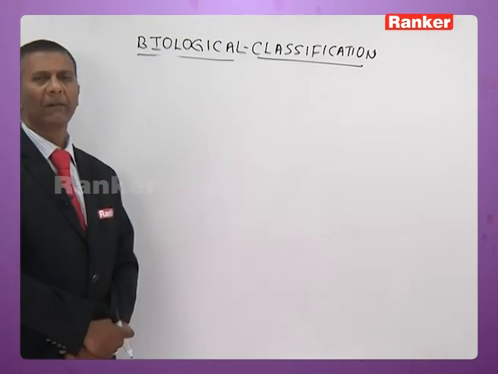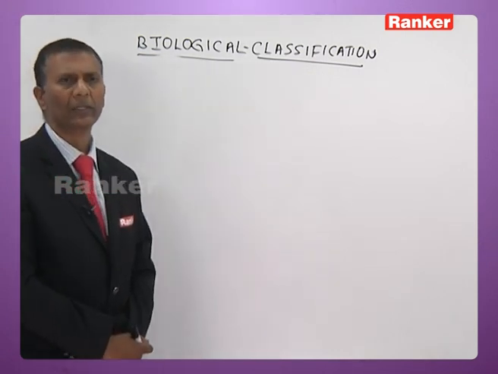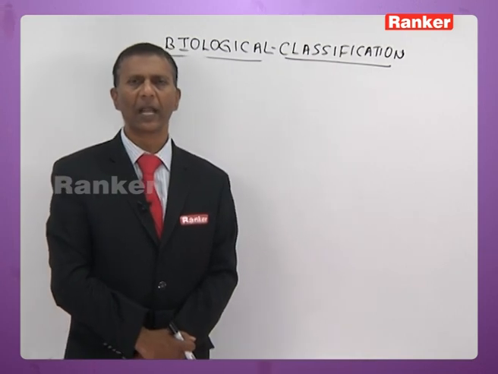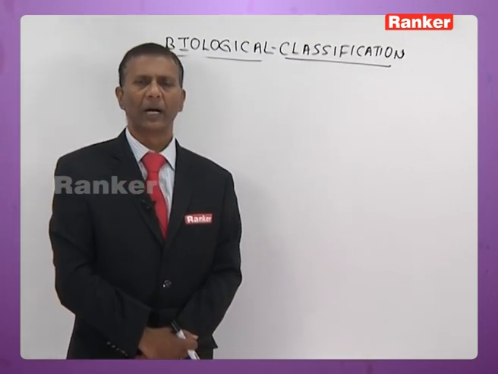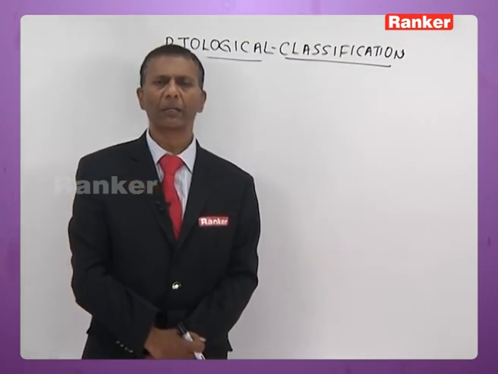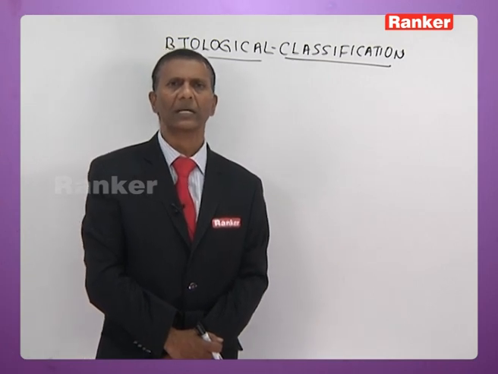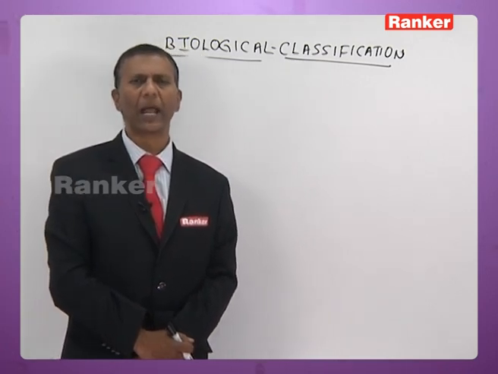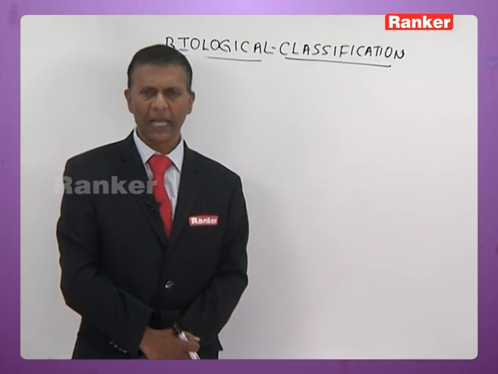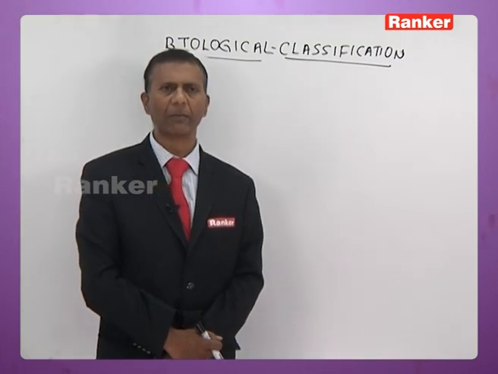Now Whittaker's classification here. In Whittaker's classification, Animalia is divided into different groups on the basis of various characteristics. They are also called basic body plans. They are the fundamental characteristics of the Animalia.